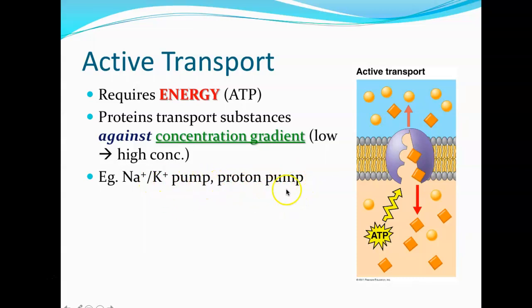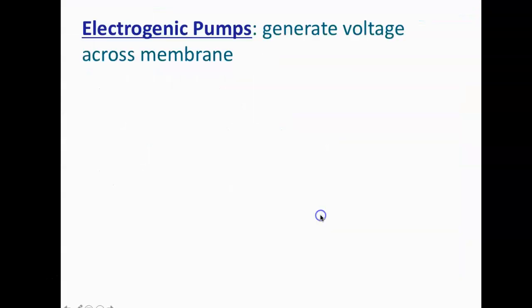A pump is just a protein that does active transport with ions. An electrogenic pump is going to generate voltage across a membrane. So if you took me during this summer, I've already talked about this. You actually have very similar notes. So when I talk about the nervous system and neurons, I'm going to talk about the sodium-potassium pump.